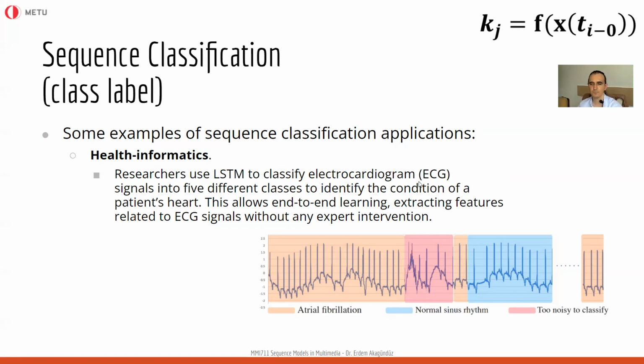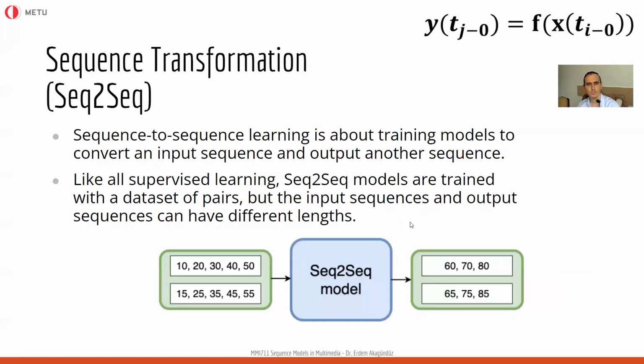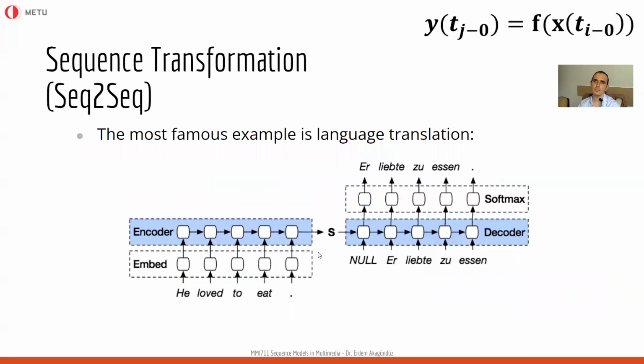Let's continue. Another type of problem in sequence modeling is transformation, which we call seq2seq, sequence to sequence. We have a sequence, and we turn it into another sequence. This is a mathematical example, which doesn't make sense, but the simple example that makes sense is language translation.